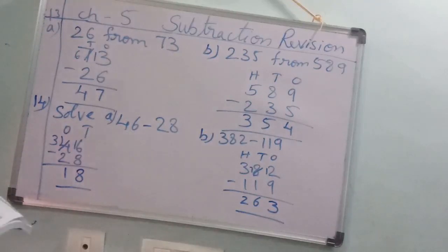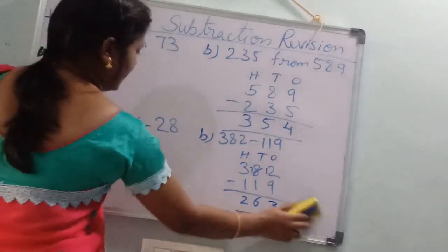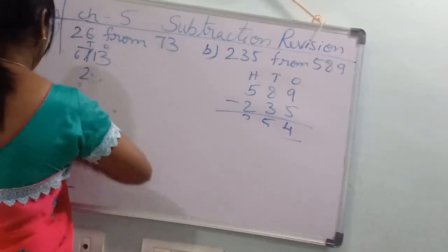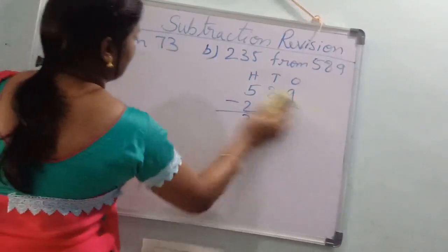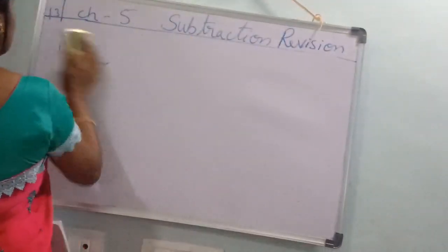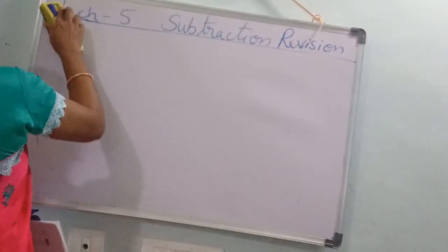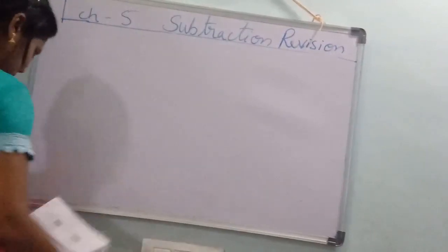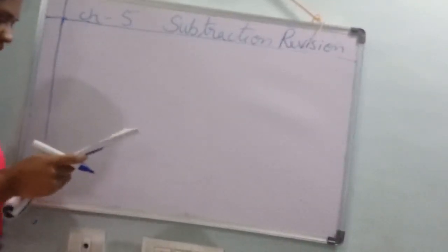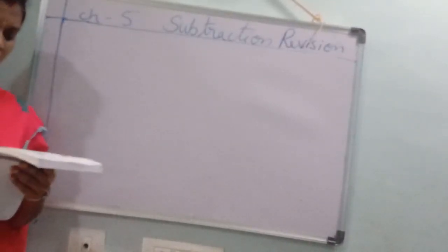Next. Applications. Very short answer questions. See word problems. See, children, there are 50 cones in a jar. 30 cones were removed.